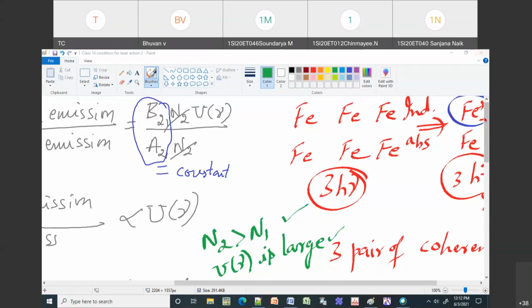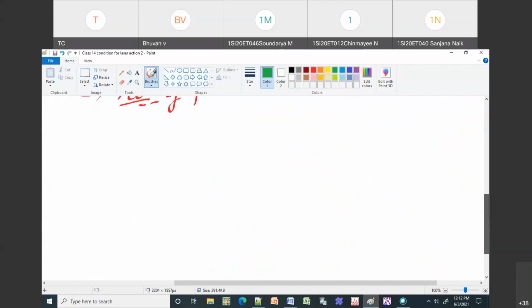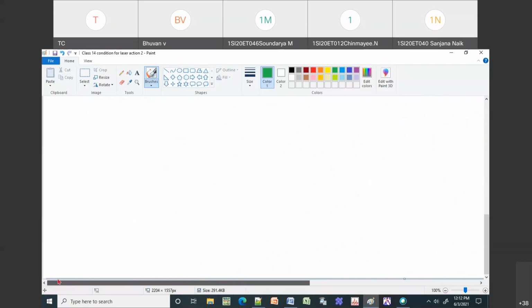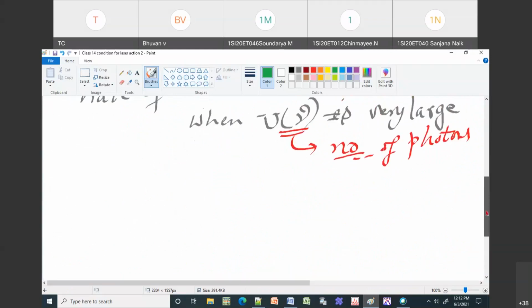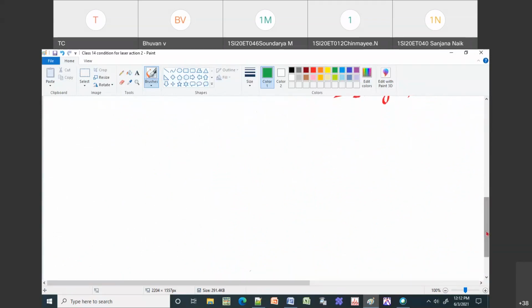Now we will move on to how to experimentally build a laser, and all those things. There are a few things that I will explain today. I wanted to do some problems, but maybe I will do it tomorrow. Tomorrow I will take class from 9.